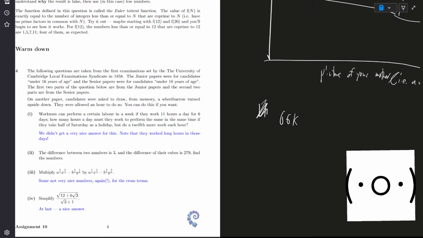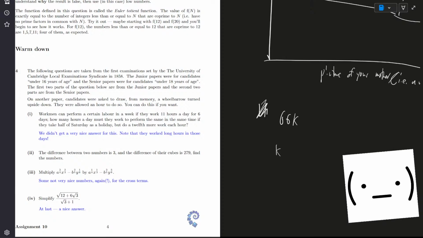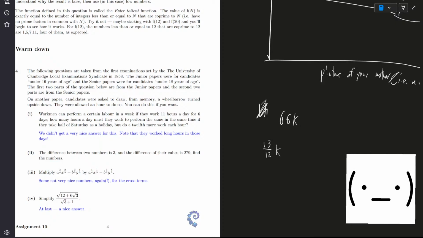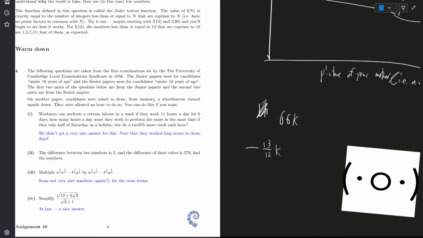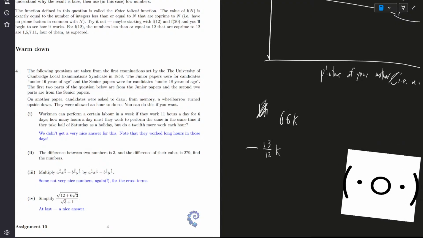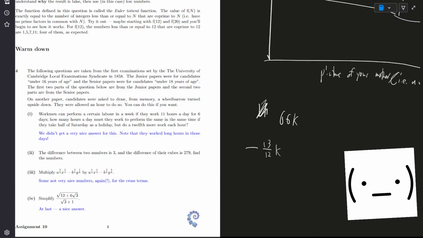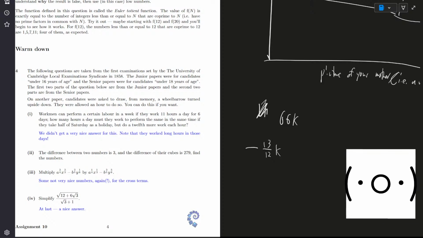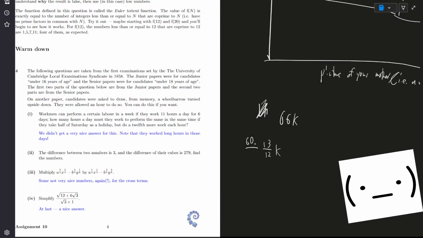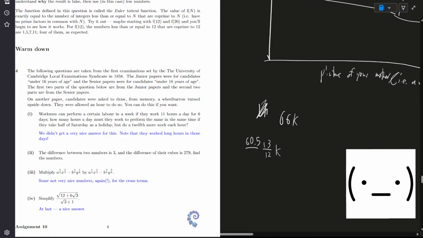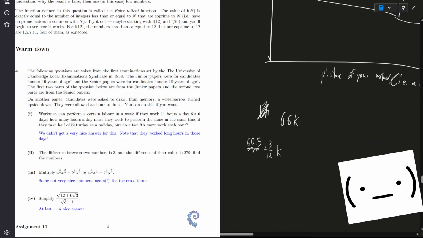Now let's say K is a 12th better, which is this. But they're being lazy because they're peasants, and they take half of Saturday as a holiday, as in they do 6.5. Yeah, so that's our number.